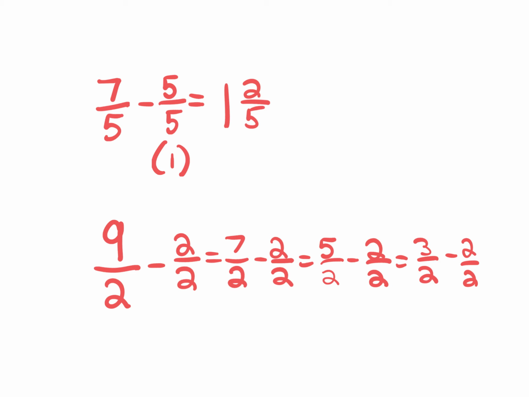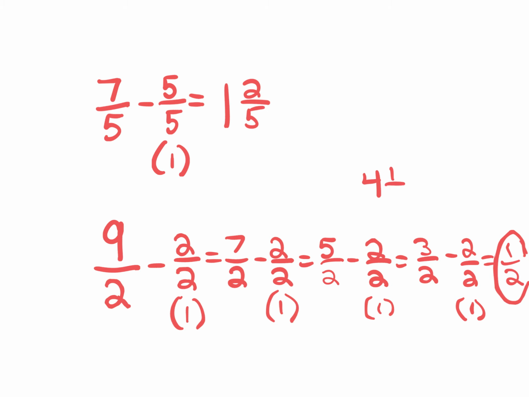That gets me 1/2. So let's see, we have this equals 1, this equals 1, this equals 1, and this equals 1. So that gives me 4 with the 1/2. So 9/2 equals 4 and 1/2.